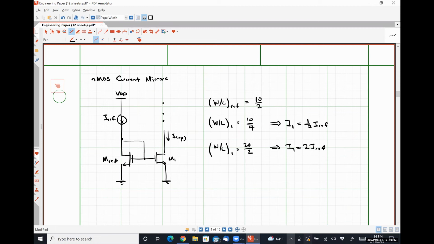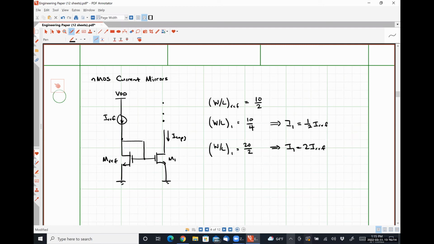All right. So playing around with the aspect ratios allows us to get effectively any current from a reference current that we could want, just like we could get any current that we wanted by scaling both the sense transistors and copy transistors in our BJT. It's just a little easier, especially when we have control of the size of the transistors.